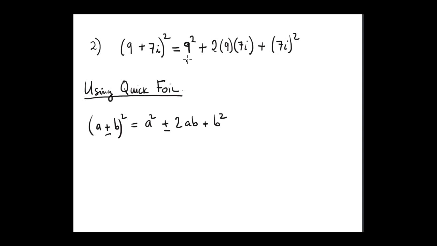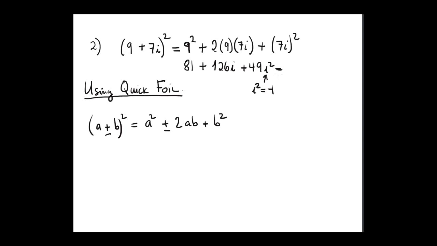So this is 81. This is multiplication, this number is 2 times 9, 18, times 7 is 126i, and 7 squared, 49, 49i squared. One more time, we have here i squared is equal to -1.